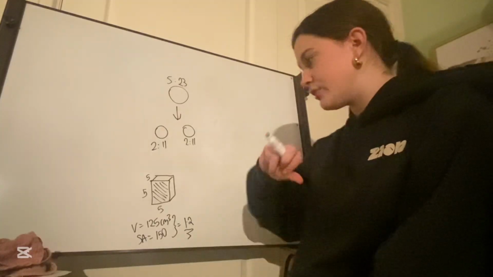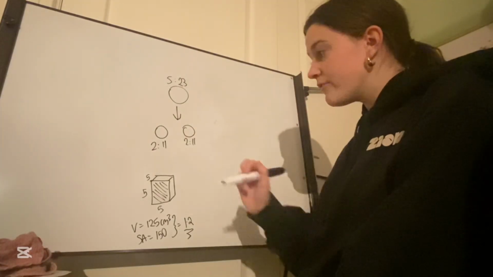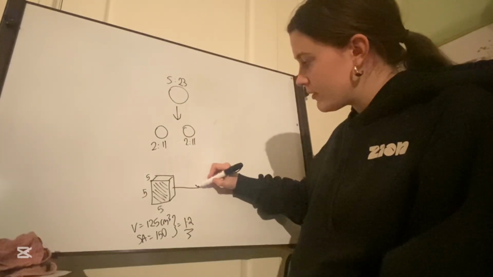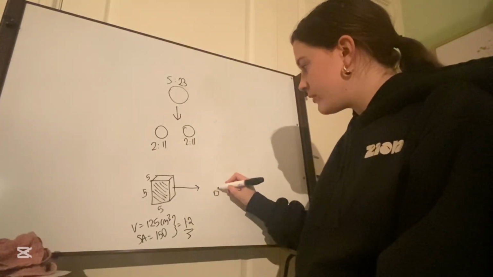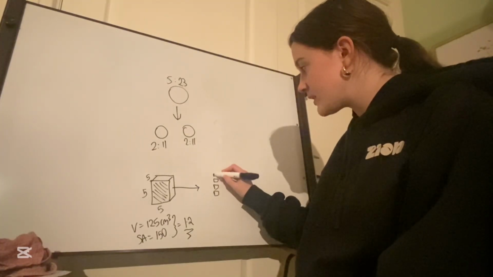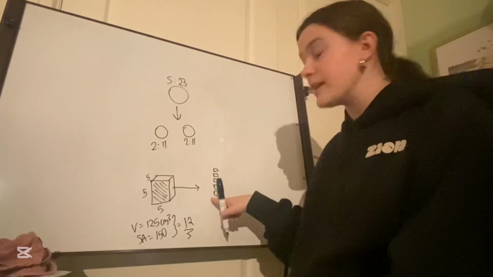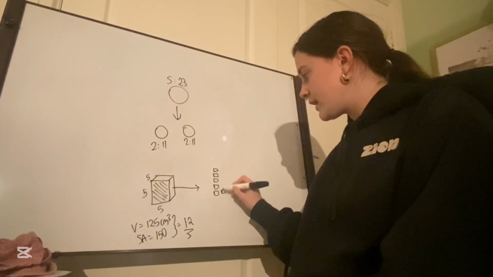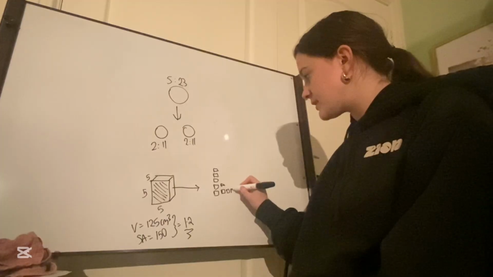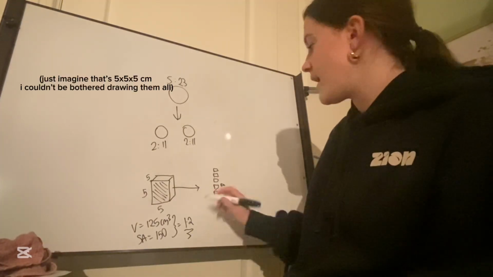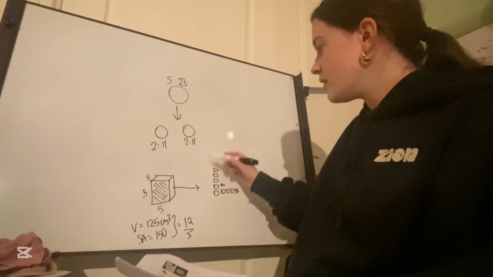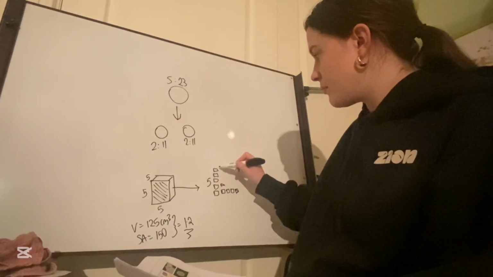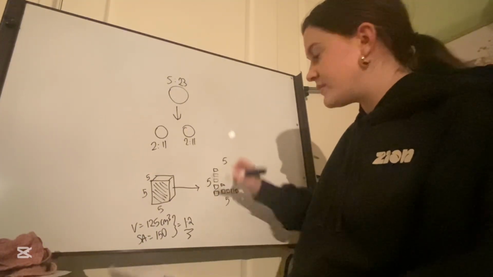That's really low. However, if we have this same size cube made up of lots of different smaller cubes, i.e. cells, all right, and it keeps going. So imagine this is the same size, because it's still 5 centimeters by 5 centimeters by 5 centimeters.